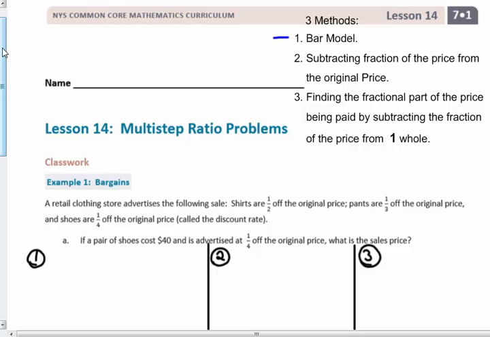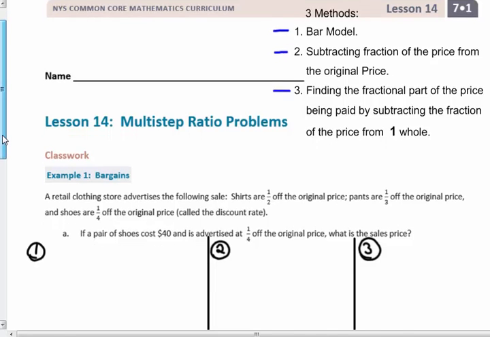That's method 2. Method 3 is where you subtract first and then multiply, basically. So you're finding the fractional part of the price that you're going to pay and subtract the fraction from the whole. You'll understand this a little bit more as I show you in these first two examples, letter A and B here.